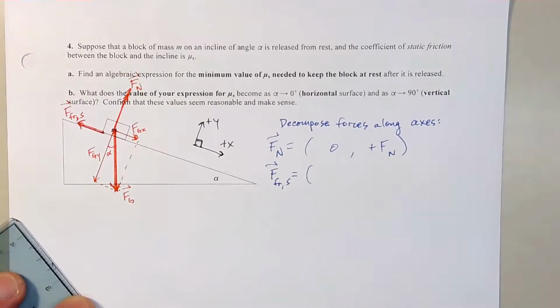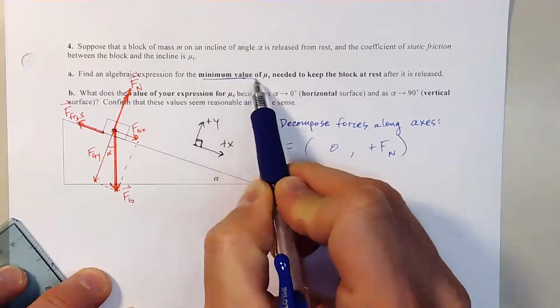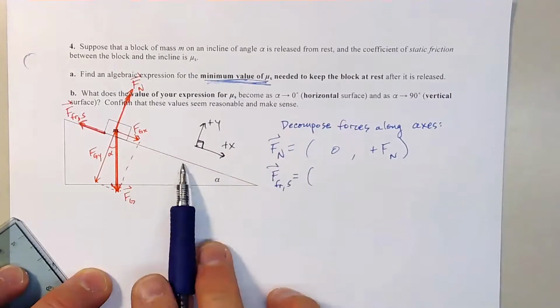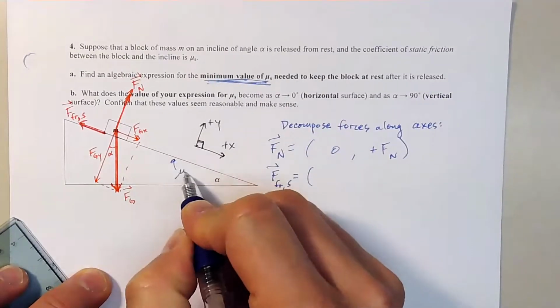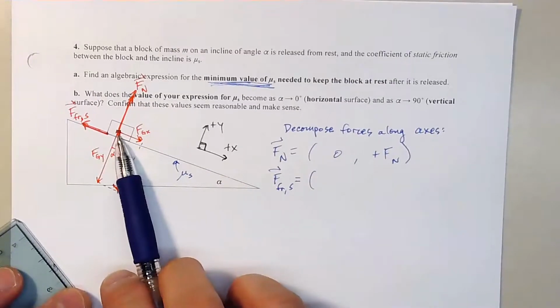But this particular problem is asking about the limiting case. It's saying, what's the minimum amount of grippiness that this ramp has to have so that the block will still remain at rest when we let go?